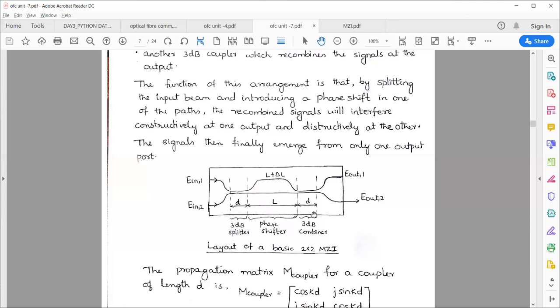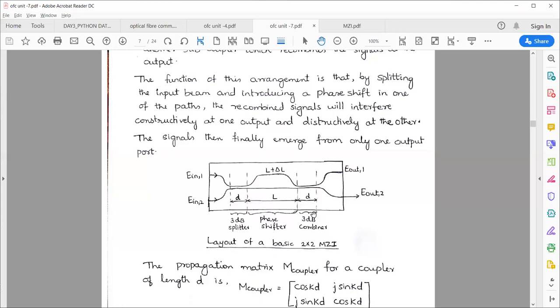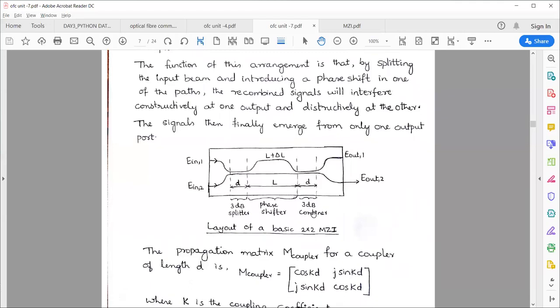This is how the layout of a 2 cross 2 MZI looks.